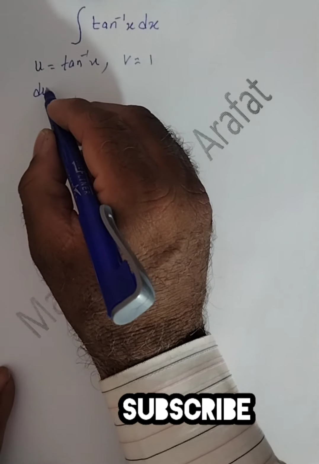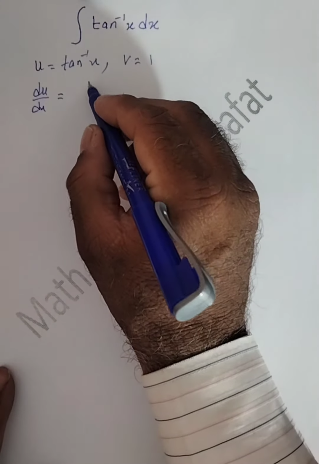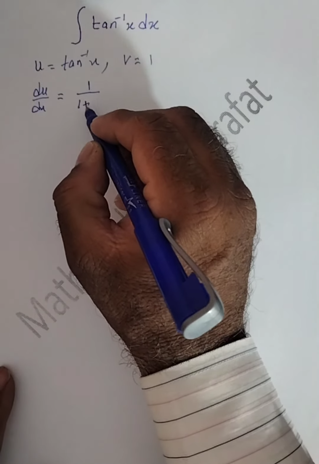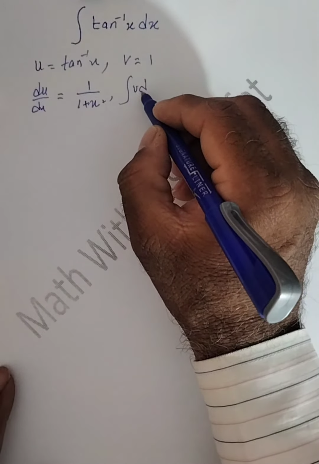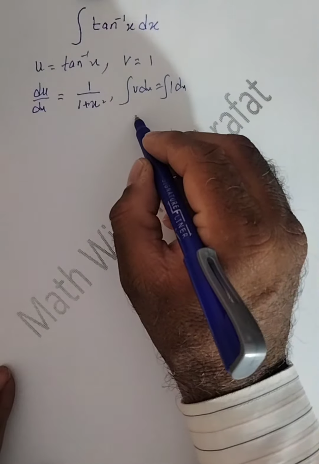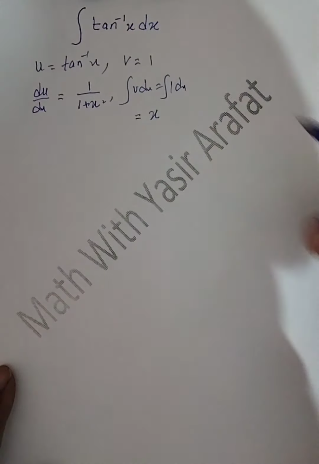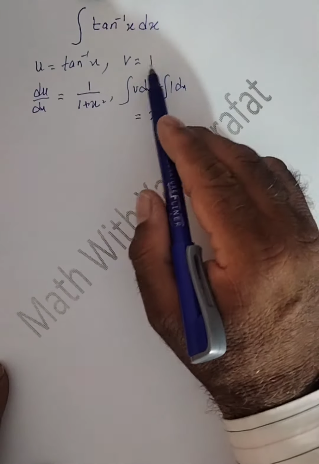The derivative of tangent inverse x is 1 over 1 plus x square, and the integration of 1 is x. So u is tangent inverse x, and v is 1.